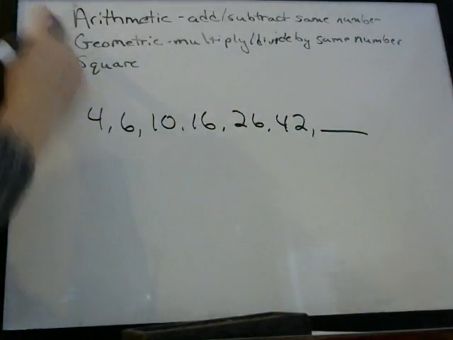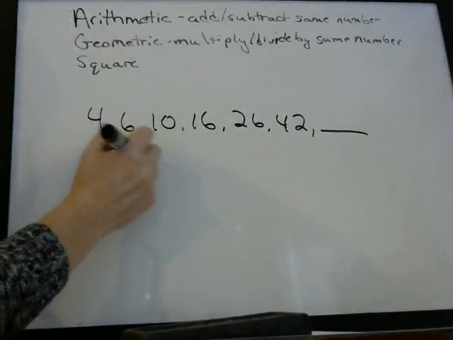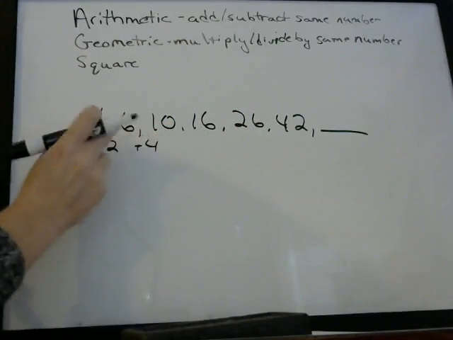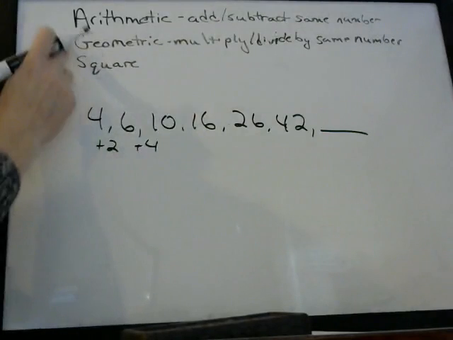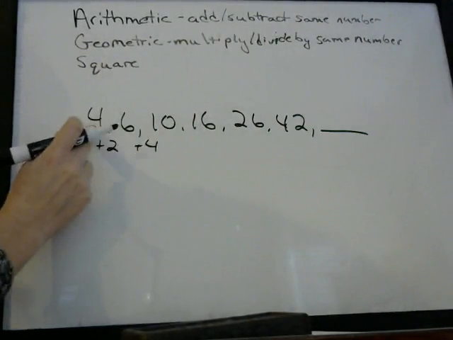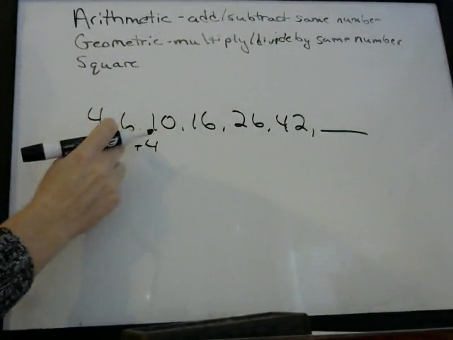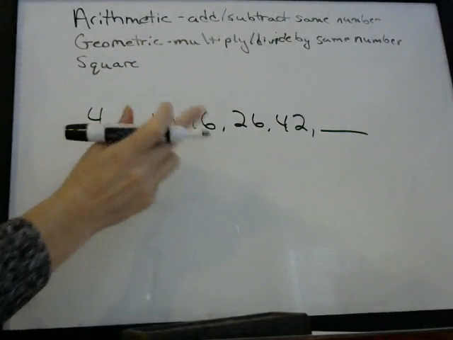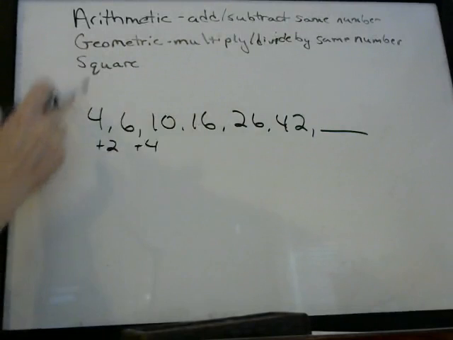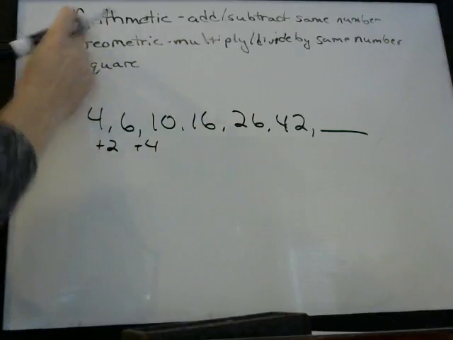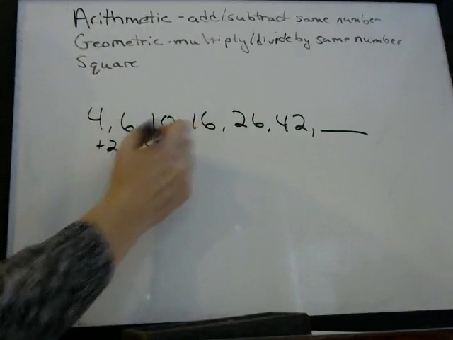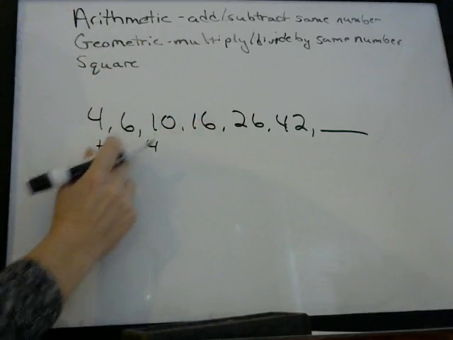Again, we always start out, is it arithmetic? Here we're adding 2, here we're adding 4. Well, it's not arithmetic because we're not adding the same number, we're adding different numbers. Is it geometric? Here we're multiplying by 1.5, here by something else, so it's not geometric. They're not squaring each number. So we're going to go back to this one and see if we can see a pattern. Here we are adding 2, here we're adding 4.